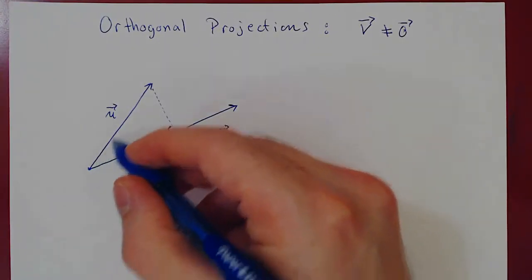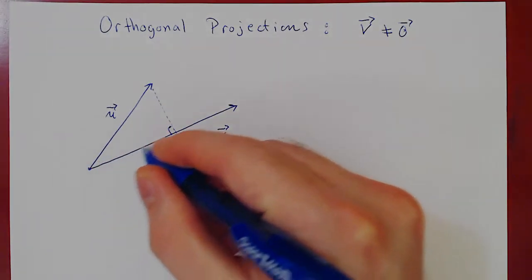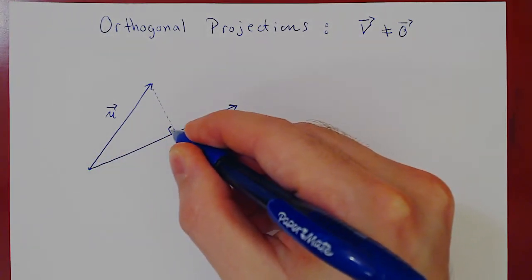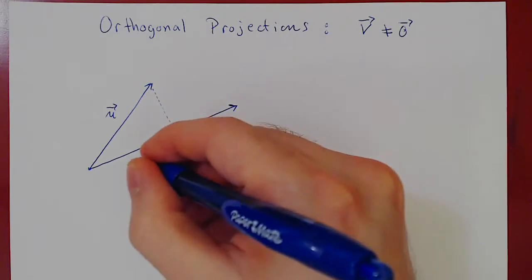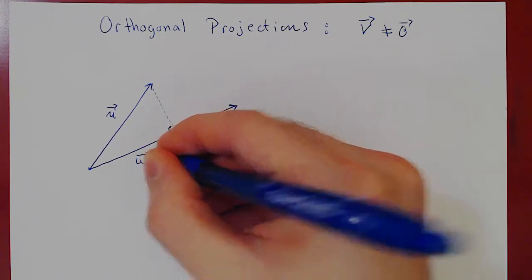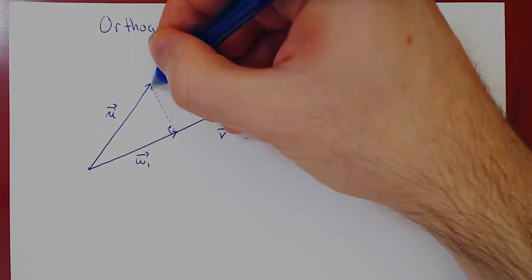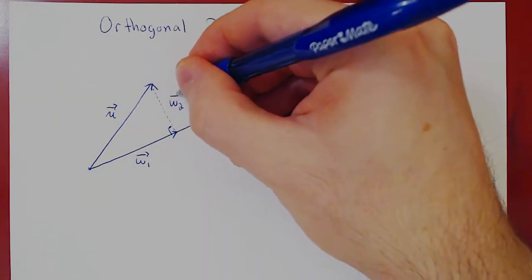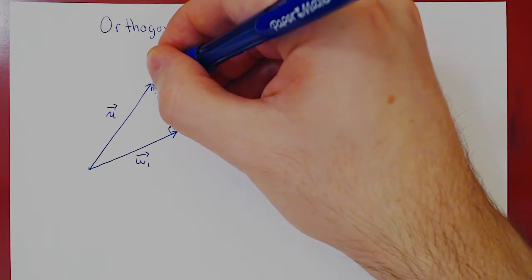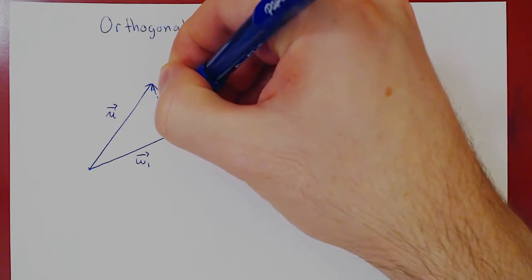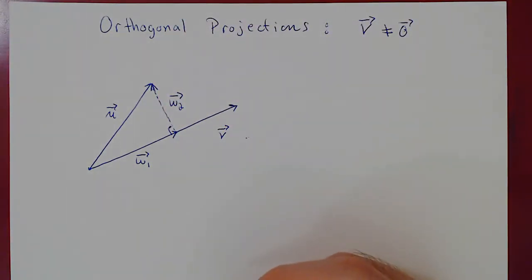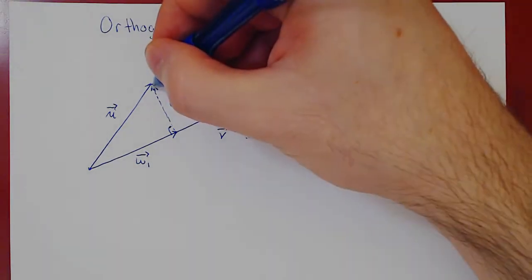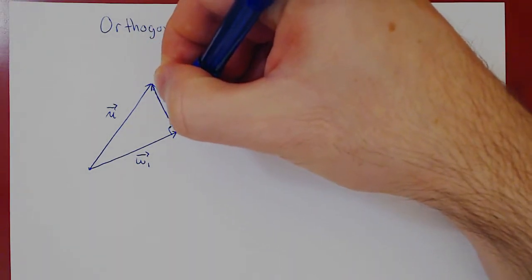So we can now decompose our vector u as this vector, let's call it w1, plus this vector, let's call this vector w2. And now let me just make this a little darker.